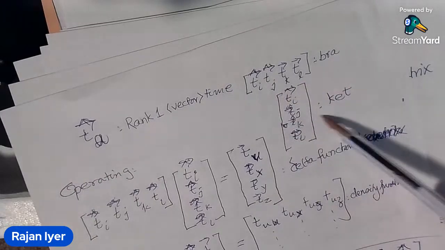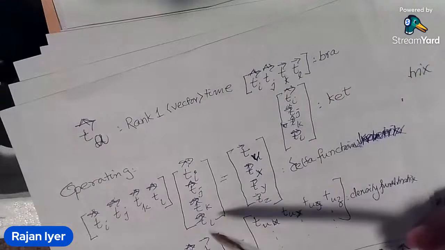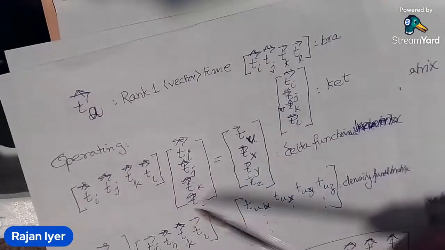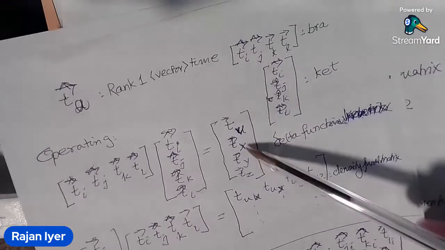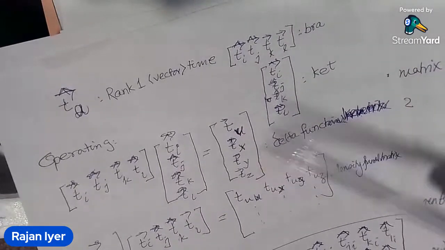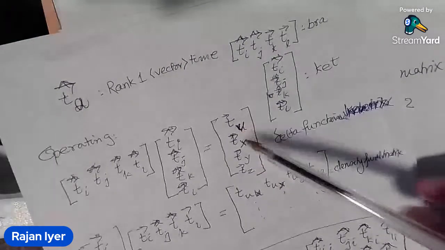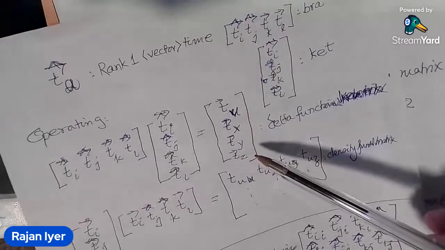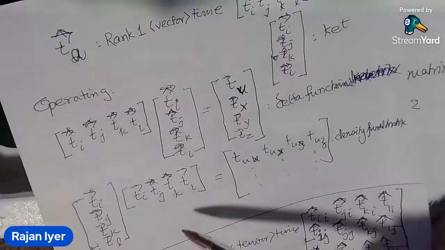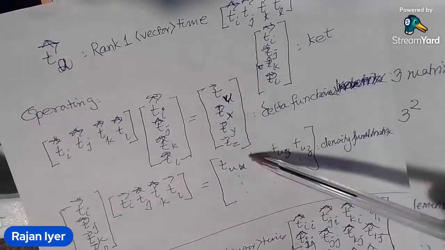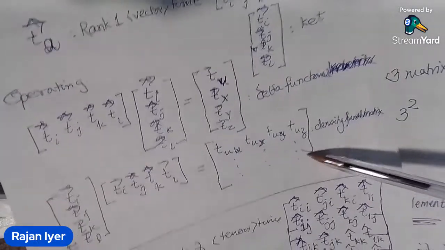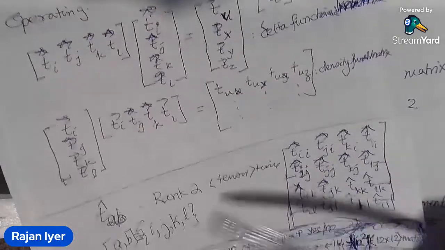So we have a bra, and you can have a ket vector, and then we can get a delta function, bra times the ket vector. That gives us the vector matrix of the time in the space, in the four hyperdimension space. Now we can also get a density matrix. The ket times the bra gives the density matrix, and then we'll look at that. It looks almost like a rank 2 tensor.